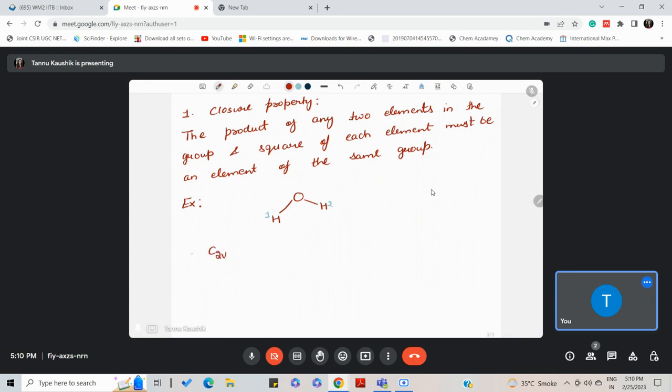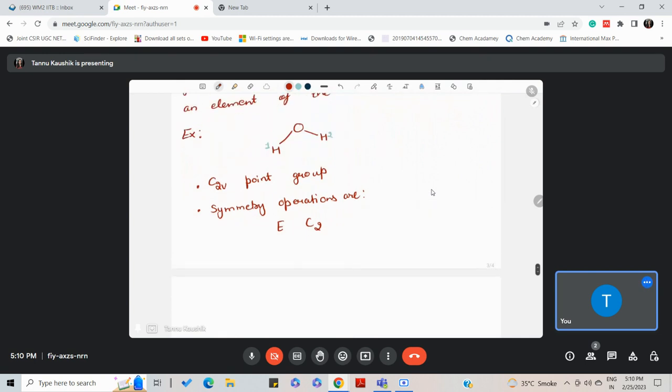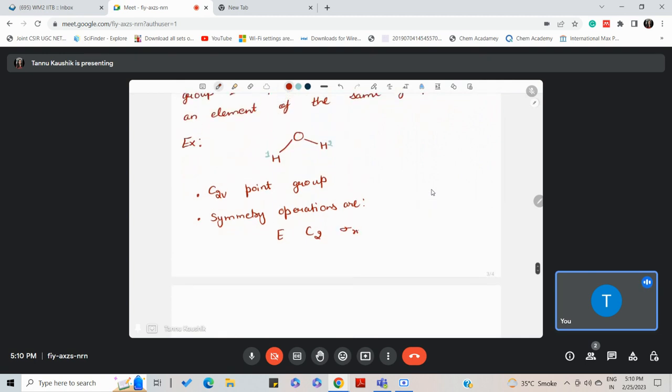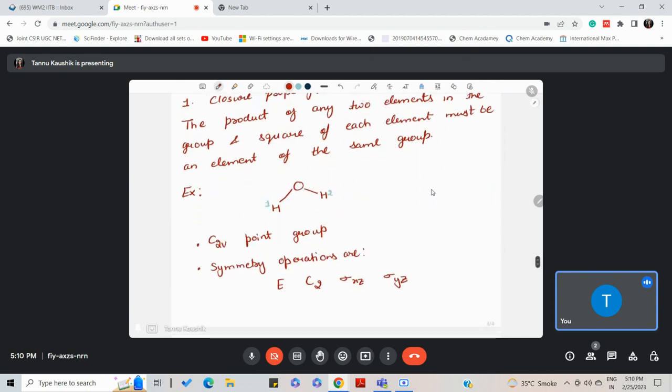So it comes under C2V point group. And the symmetry operations are E, twofold axis of rotation, sigma xz plane, and sigma yz plane.